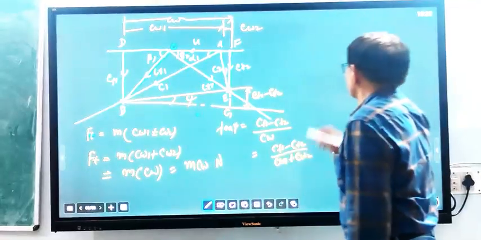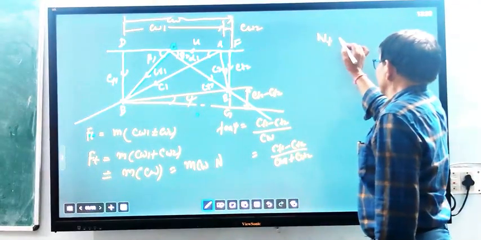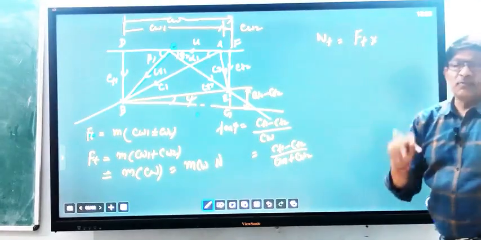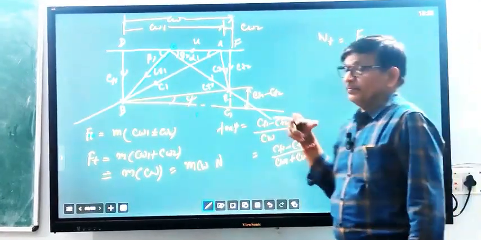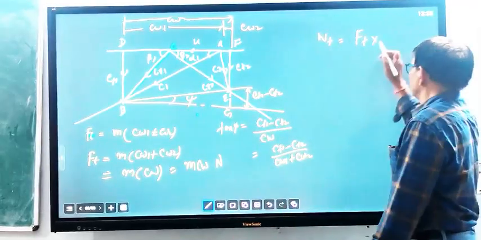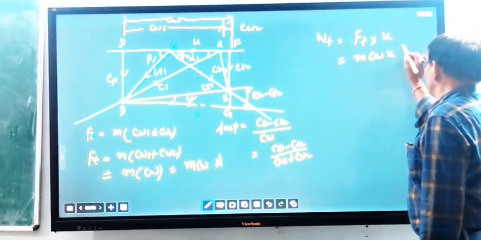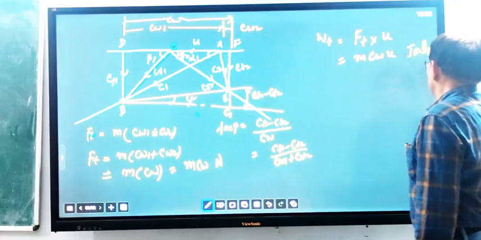Suppose you want to calculate work done. How do we calculate work done? W tangential equals force into velocity, meaning how much the blade moves in 1 second, which is U. So M CW into U. This is the work done in joules.